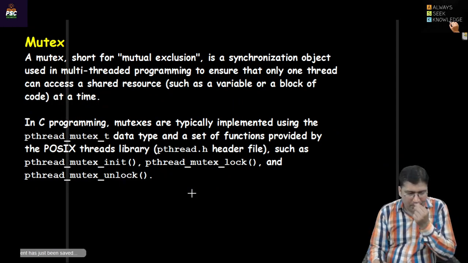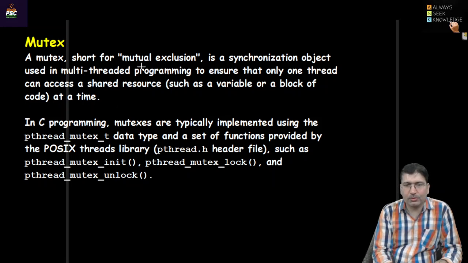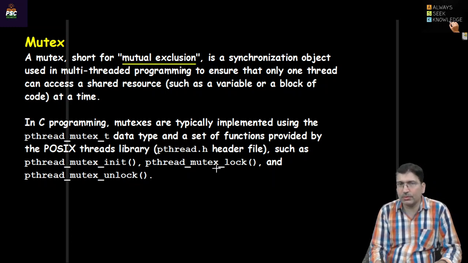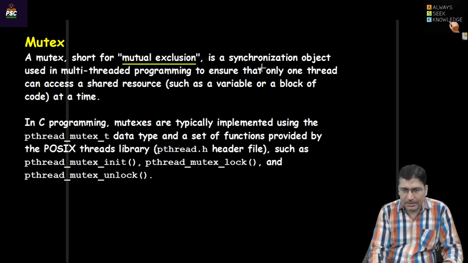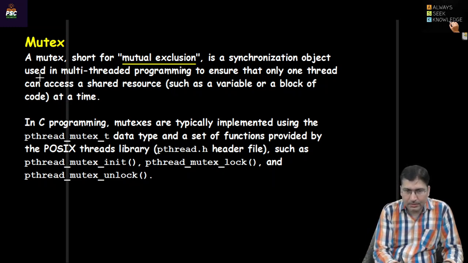Now let's discuss the mutex. Mutex is also a very important synchronization construct. The short form is mutex, and the full form you can say is mutual exclusion. So mutex provides mutual exclusion. It is a synchronization object used in multi-threaded programming to ensure that only one thread can access a shared resource.